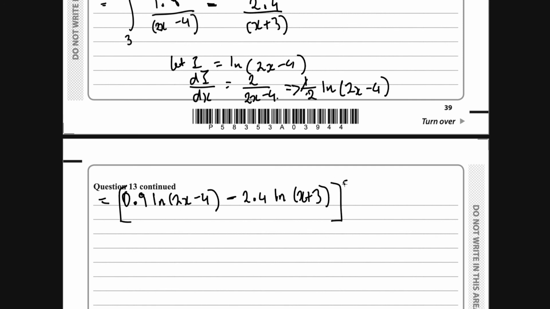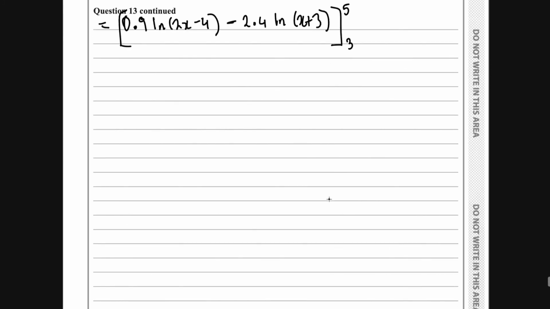Obviously we now know that the limits here are going to be 5 and 3. As we would with any other integration question, we just put them in. What we get is 0.9 ln 6 − 2.4 ln 8, substituting 5 in here this time, minus, and put it in brackets. Remember that, guys, always put it in brackets.